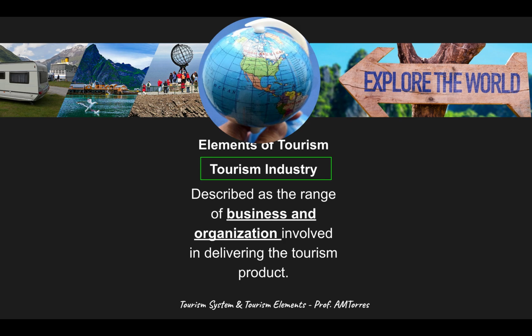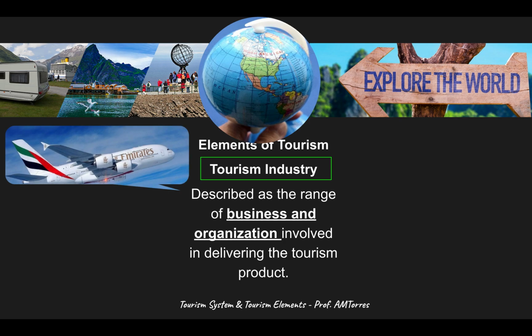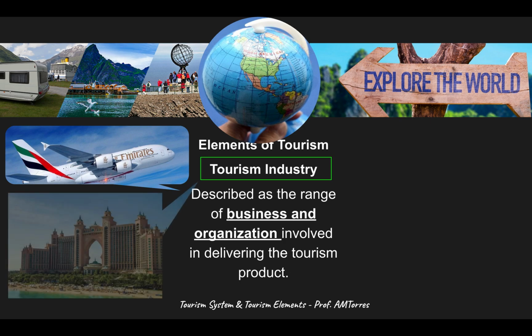Therefore, service is also the business of tourism. Since it's made up of different businesses, one business represented in the industry is transportation. I cannot contain all the modes of transportation, so I just chose one, the airline industry, which is a subsector of the transportation industry.